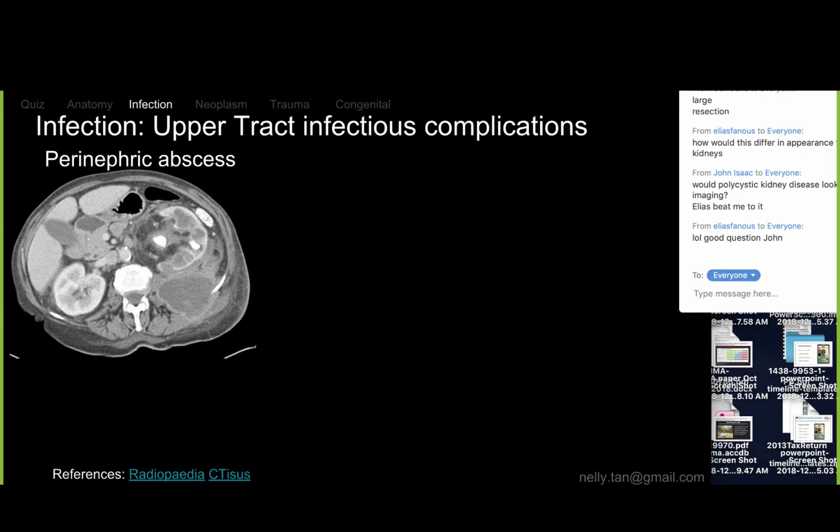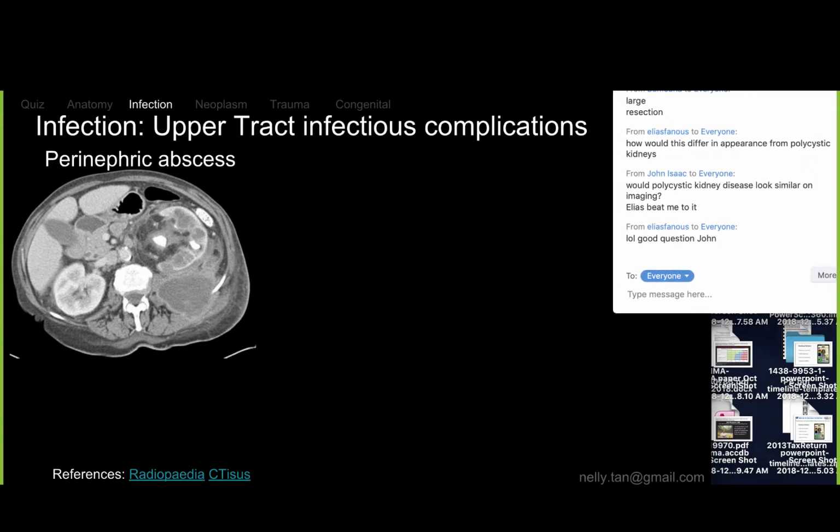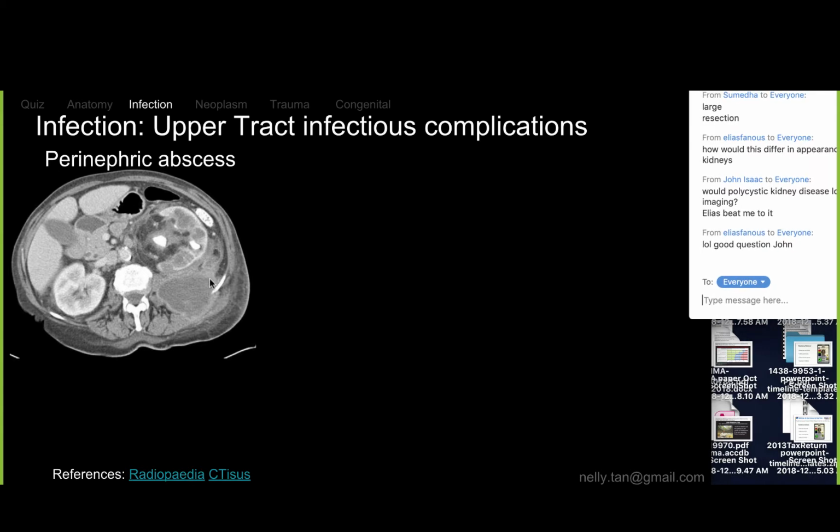Okay, so the question John has is, would polycystic kidney disease look similar on imaging? Polycystic kidney disease does not look similar on imaging. Polycystic kidney patients have simple cysts. So maybe I can just show you an example.